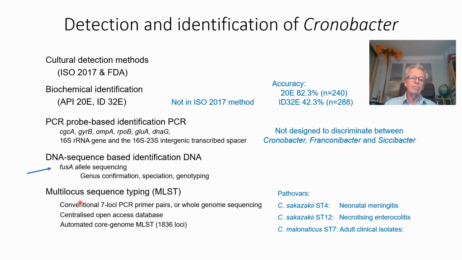That fusA is part of the multi-locus sequence type scheme. The original conventional scheme, when we use PCR primers, uses 7 loci. These days you can do the same more cheaply by doing whole genome sequencing. PubMLST is a centralized open access database. I am the curator, but you can access it for free, and you don't need to give any registration details or anything like that.